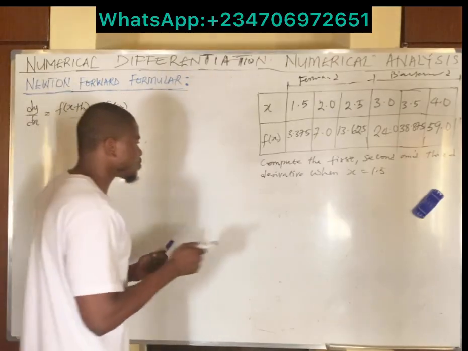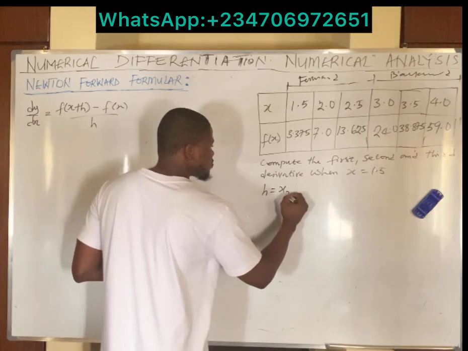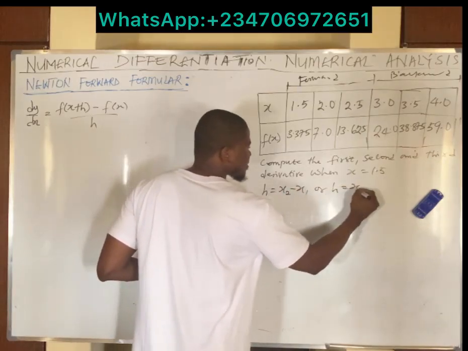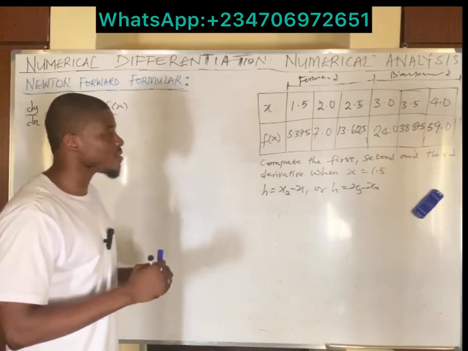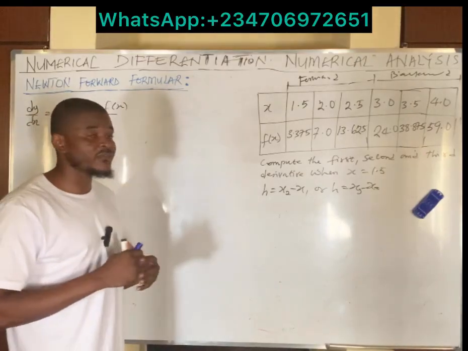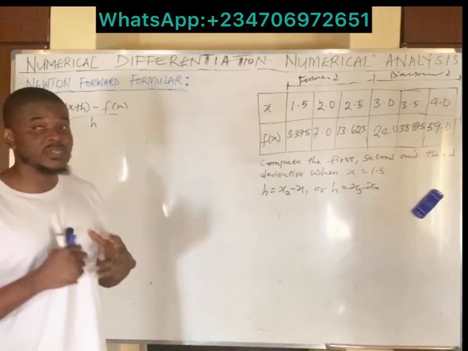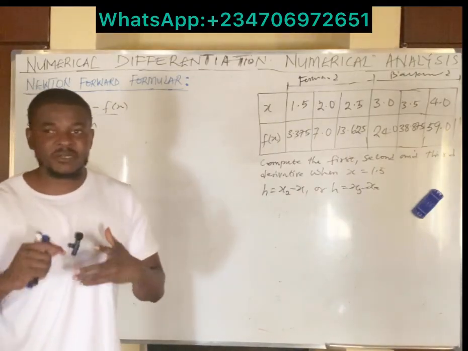So h can be found either as x2 minus x1, or x3 minus x2, or x4 minus x3 and so on. But whichever it is, the value of h must remain the same for you to be able to accurately use this method. The interval must be constant.